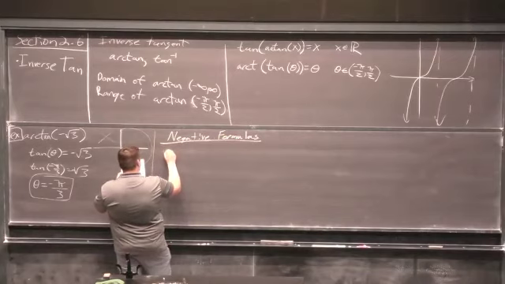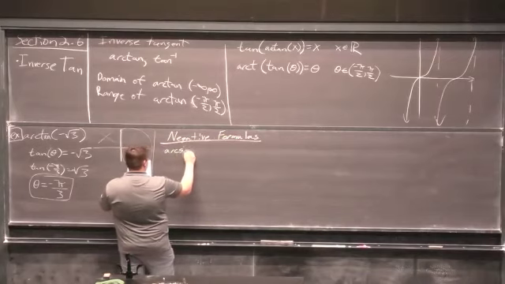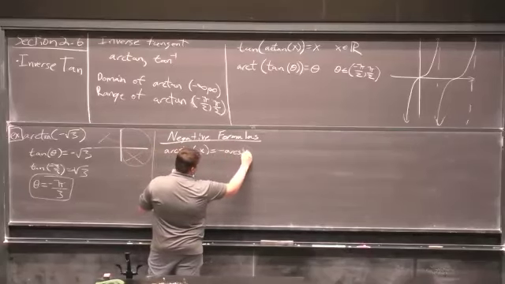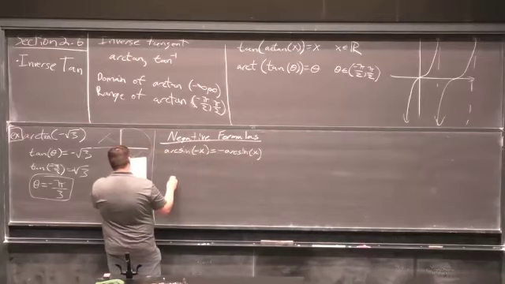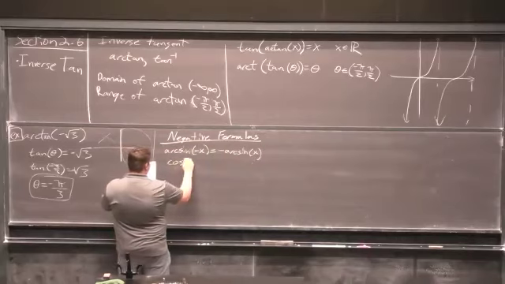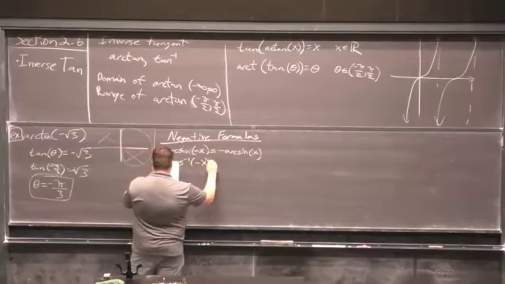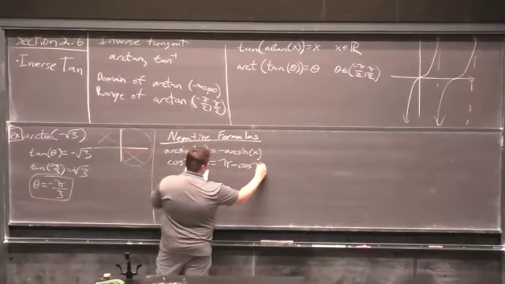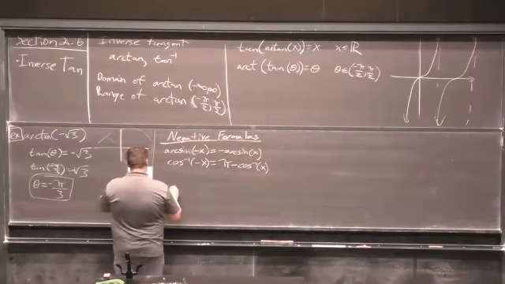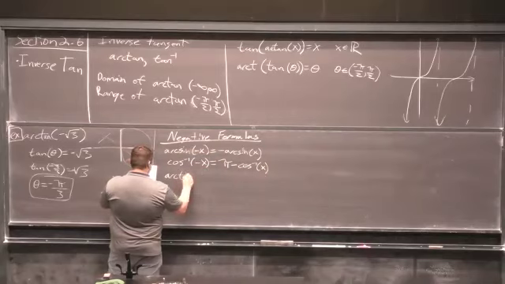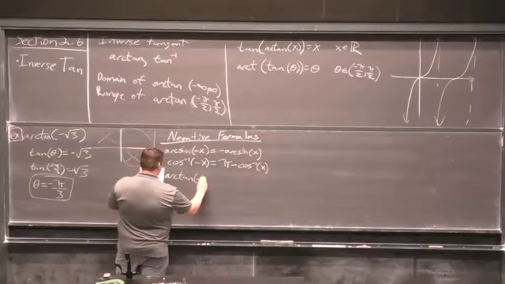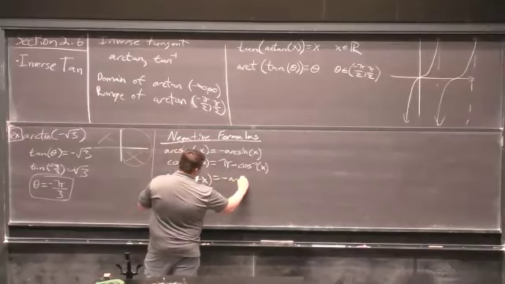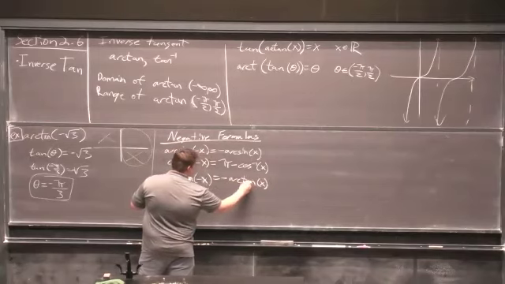And they are: arc sine of negative x is equal to negative arc sine of x. Cosine inverse of negative x is equal to pi minus cosine inverse of x. Arctangent of negative x is equal to negative arctangent of x.